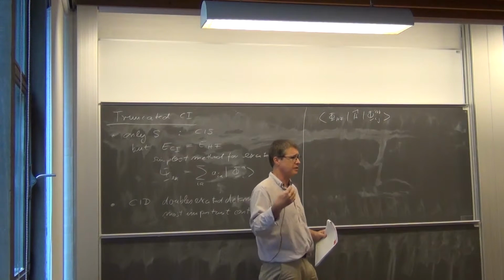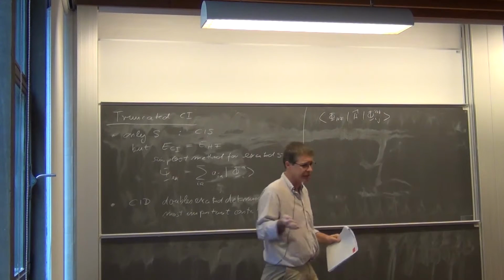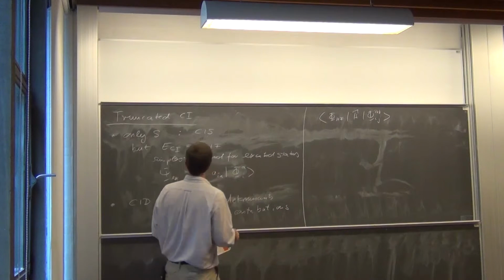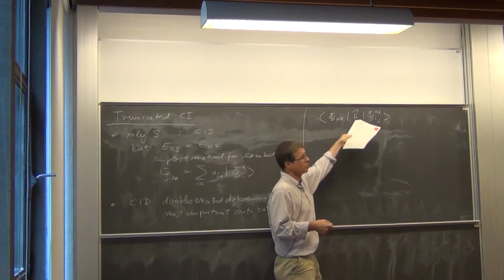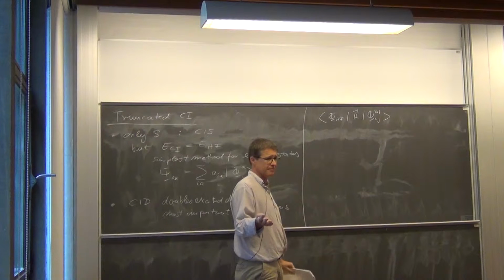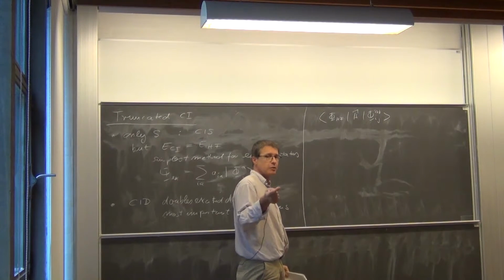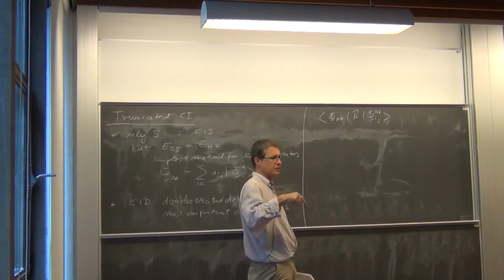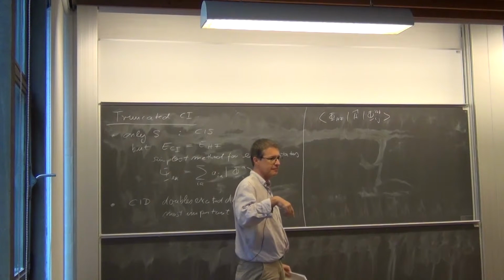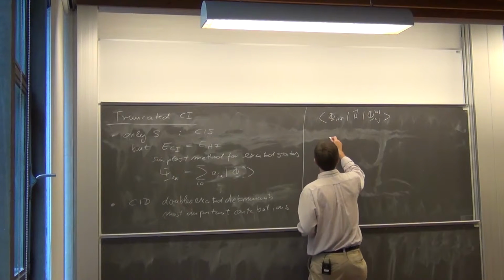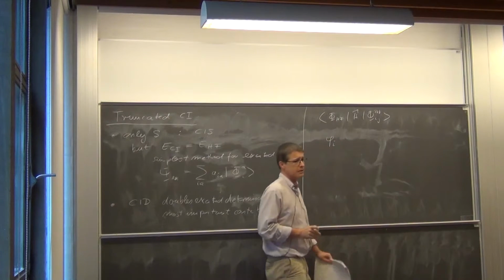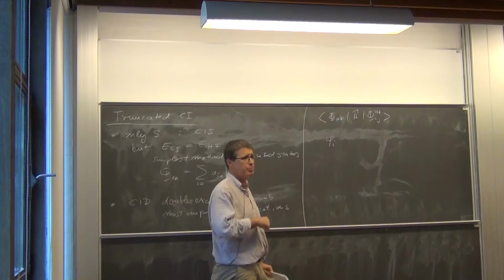Our orbitals are derived based on this average, the mean field interaction with the other electrons. Now, having the full Hamiltonian, we have the full interaction there, and that's an interaction which is not included in the derivation of the orbitals. So it's something which is going to perturb the orbitals. So we can look at, in general, if I have some occupied orbitals, and I have some perturbation present.